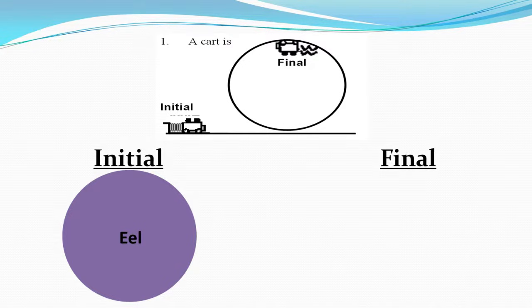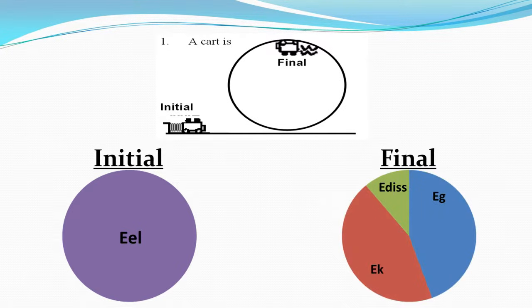It also may have sound as the wheels roll along the ground. Because we're not actively trying to create thermal energy or sound energy, we can lump these together into dissipated energy. So we have a small amount of dissipated energy, and then we have kinetic energy because it's moving, and gravitational energy because it's off the ground.